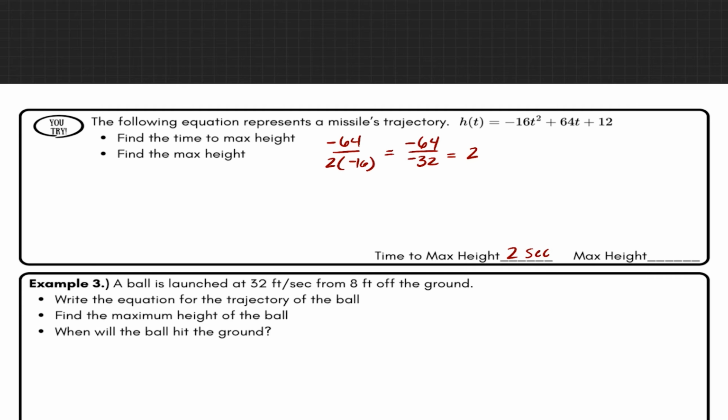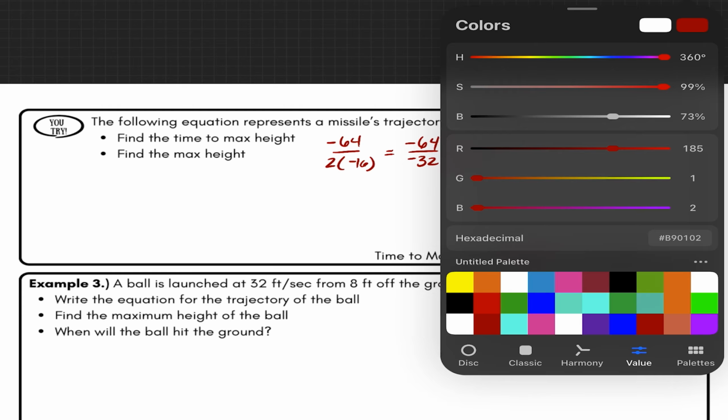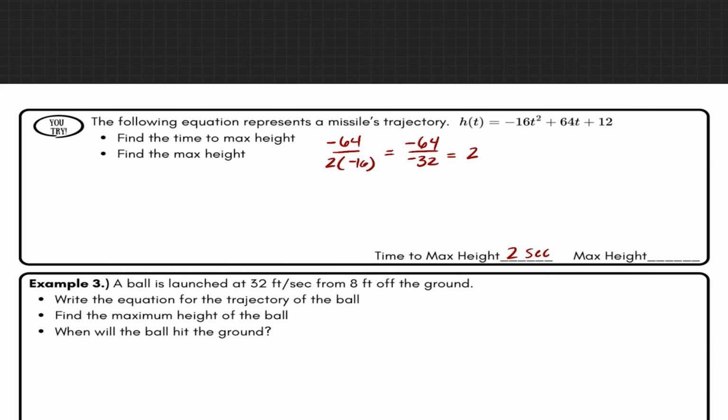All right. Now that I know the time to the maximum height is 2 seconds, I'm going to take that value, 2, and substitute it into the original equation. So it's going to be h of 2 equals negative 16 times 2 squared plus 64 times 2 plus 12.